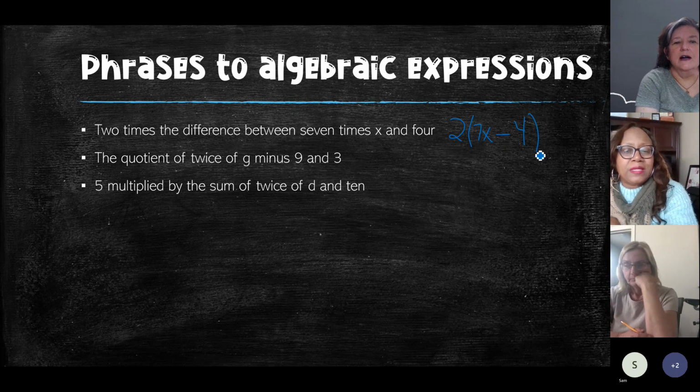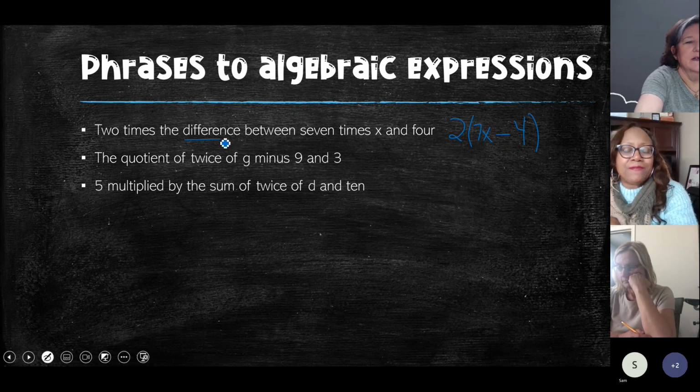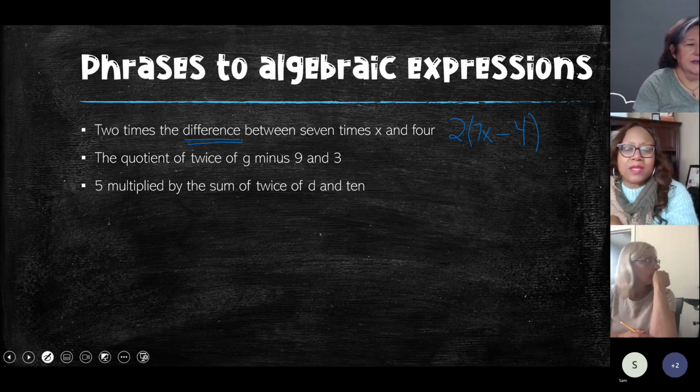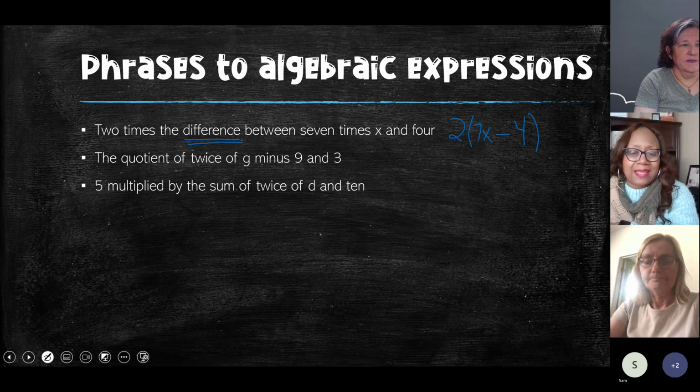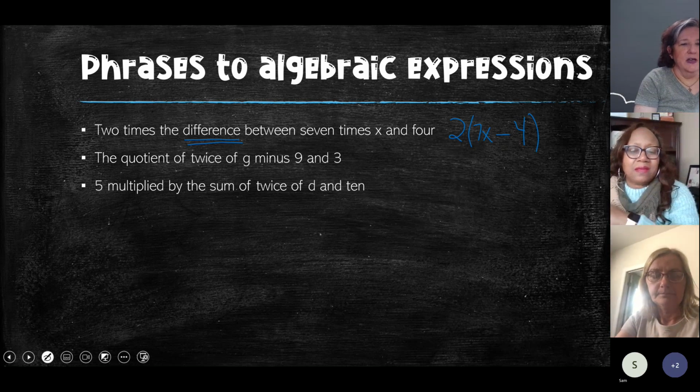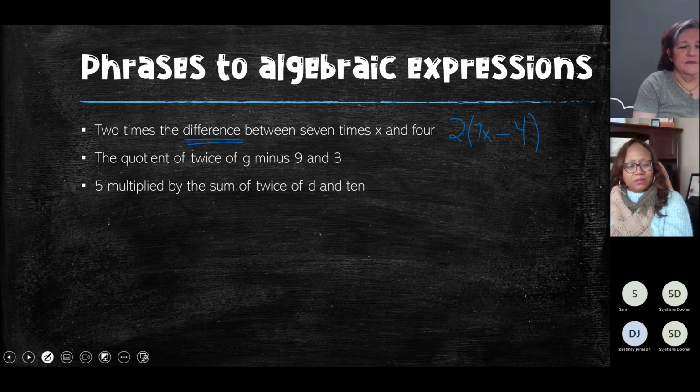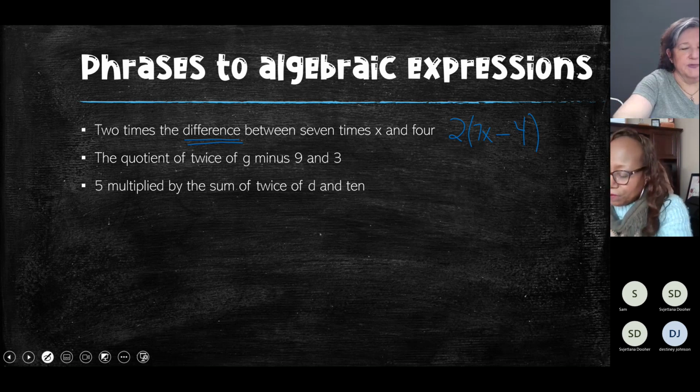But when you say difference, I think of subtraction. But forget about the word and. They just put the word and in there because it's the second part of the difference. The difference between 7x and 4.